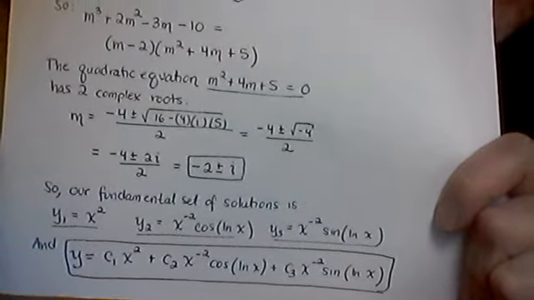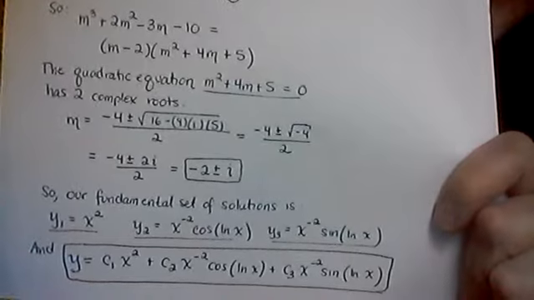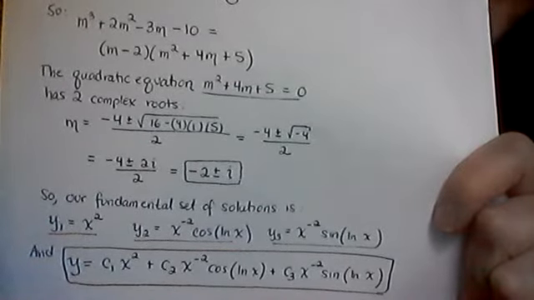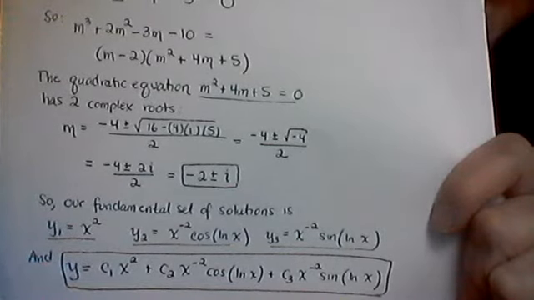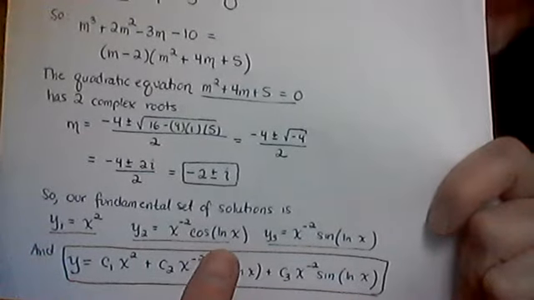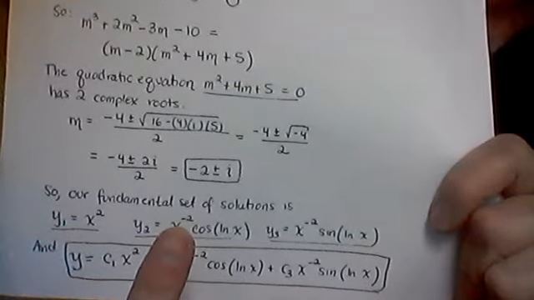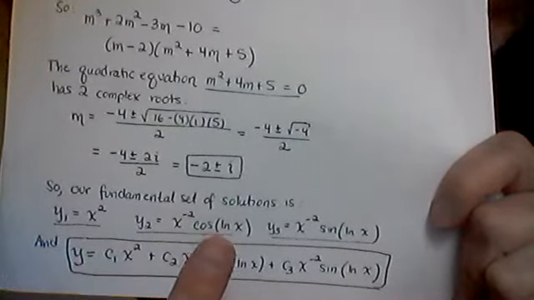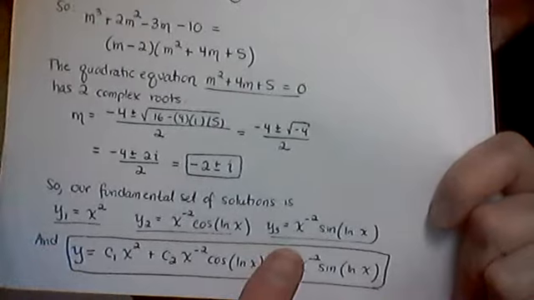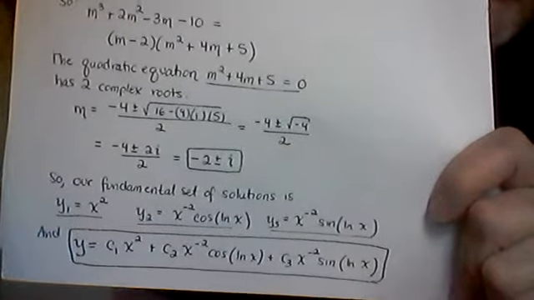In this case, b, the imaginary part, is just 1. So the multiplier of the log x is just 1 here. So x to the minus 2, the real part, times cosine of 1 log x, and x to the minus 2 times the sine of 1 log x.